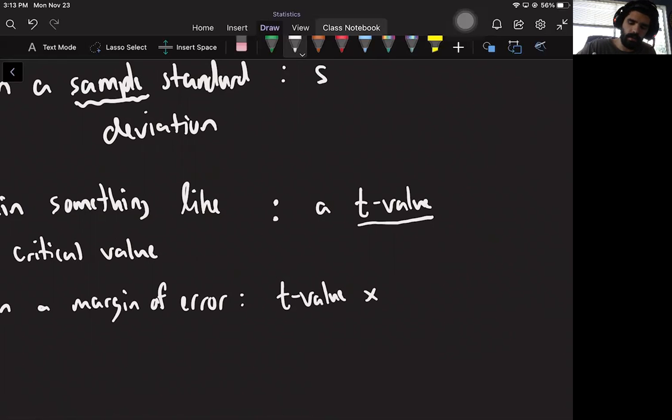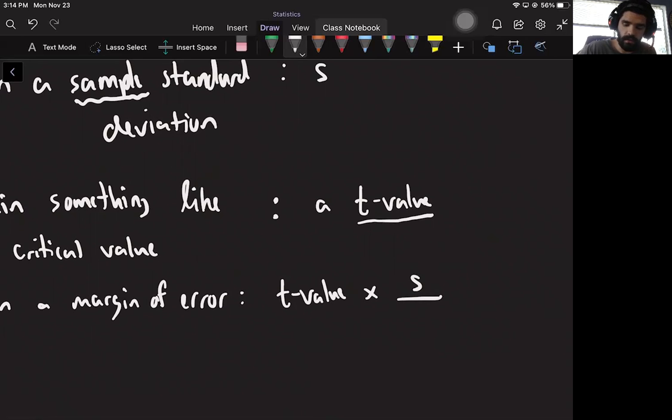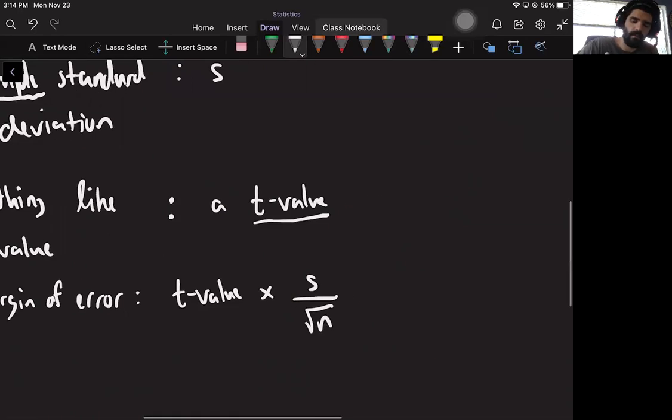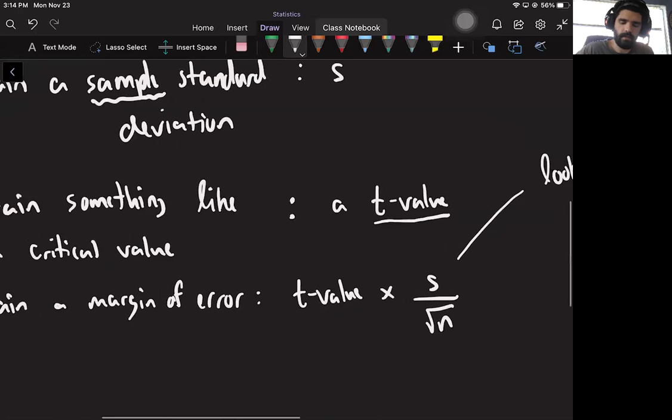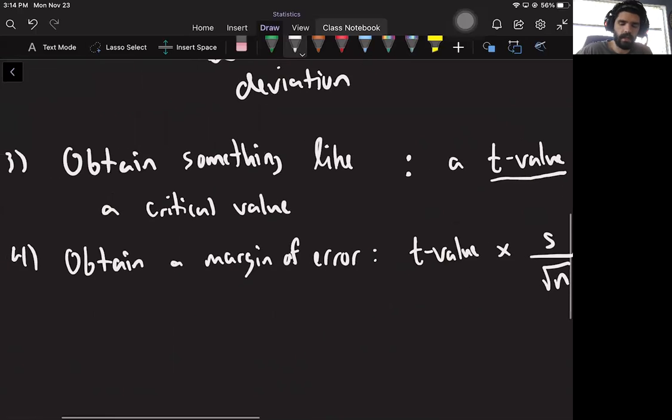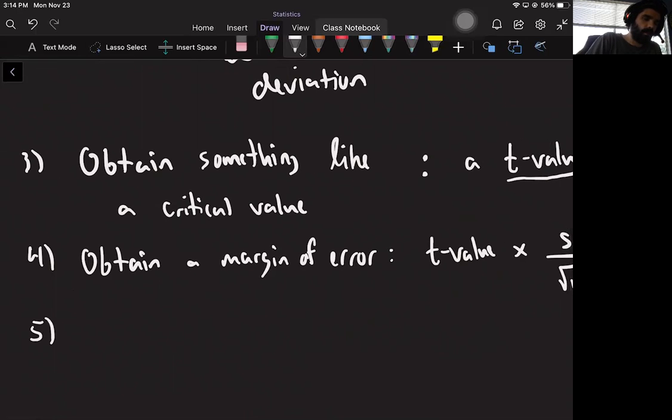But it's not just times the standard deviation, because we actually want the standard deviation of the distribution, which means we have to do s over the square root of n, which may look familiar to you. It looks very much like the formula we used a long time ago for the standard deviation of the sampling distribution of the sample mean. Don't worry about all that for now. The point is you have to multiply to get a margin of error. Then you get the confidence interval just by adding and subtracting that amount.